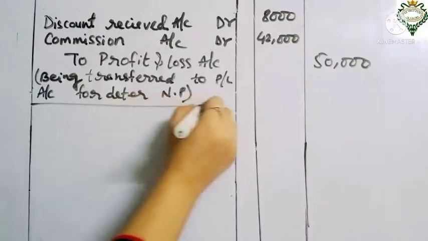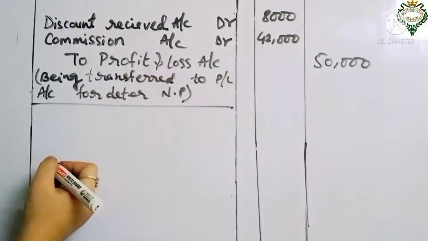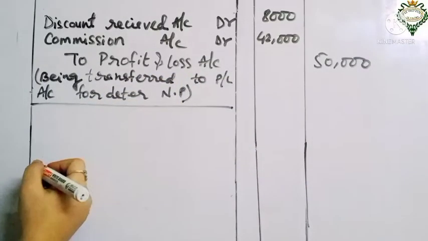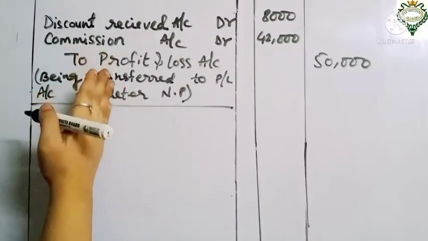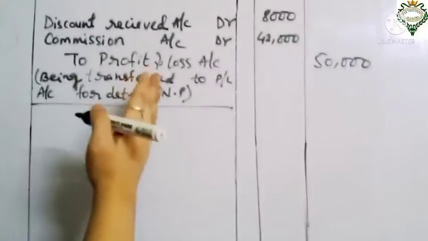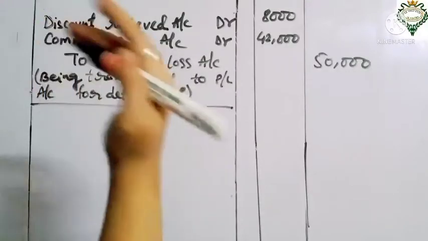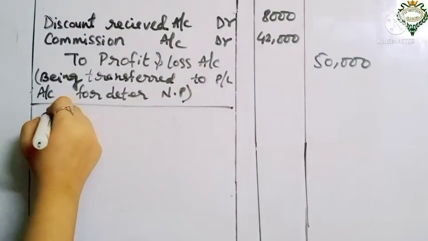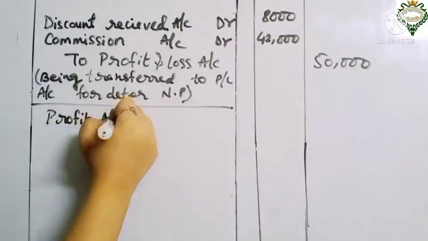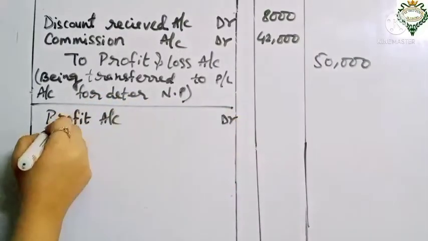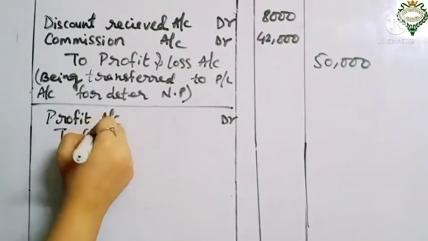Now come to the next transaction that we have to do. We have to pass the entry of, now we have done with the profit and loss account. Now we have to transfer this profit and loss net profit to the capital account, okay. The net profit we have to take out. Profit account debit to capital account.